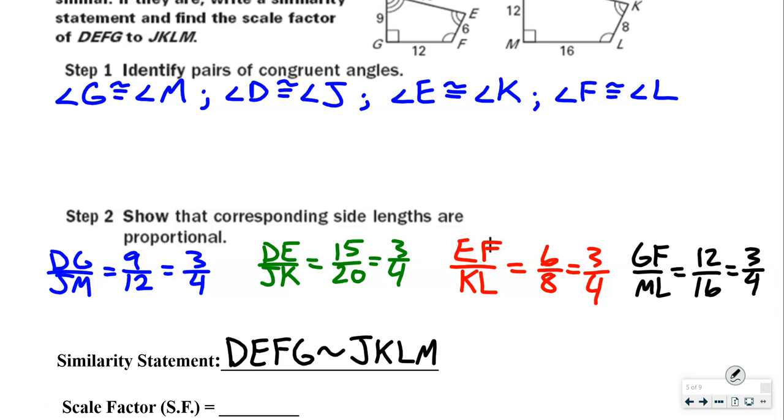So make sure your angles match up. And we also need to write out our scale factor. And our scale factor was 3/4.